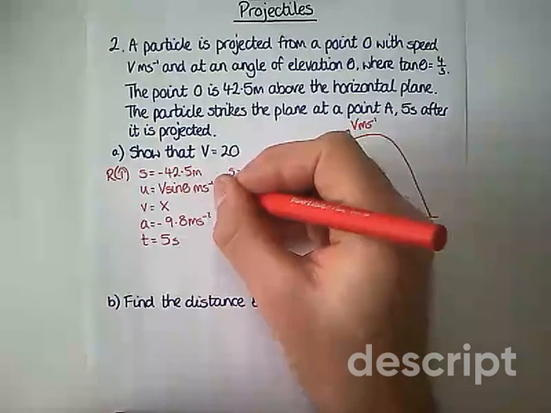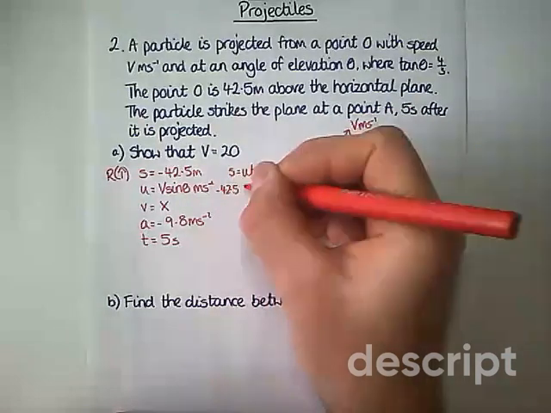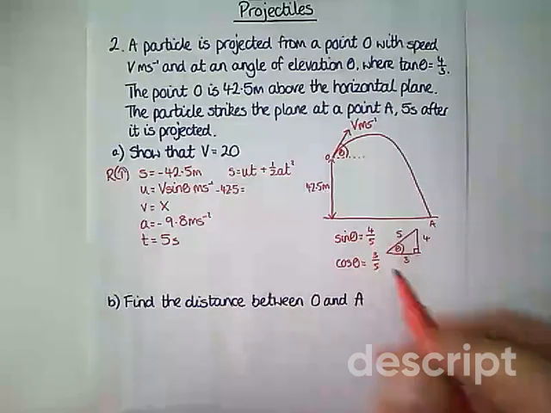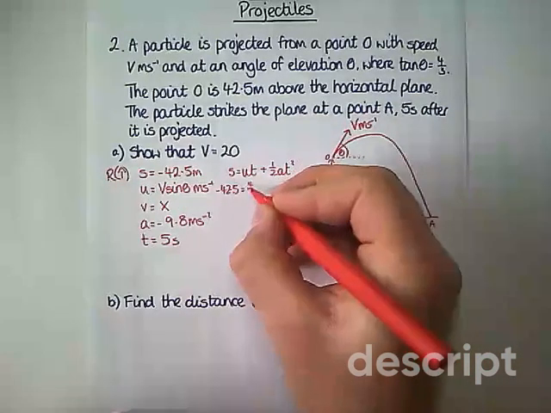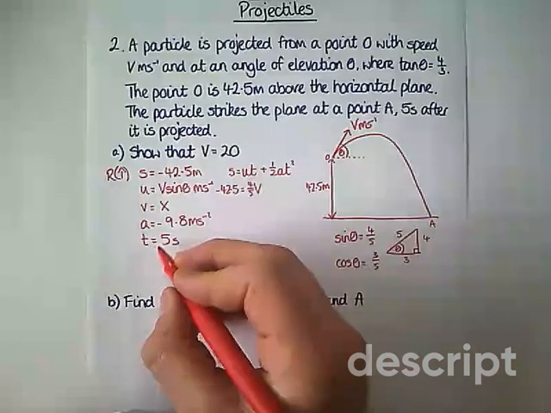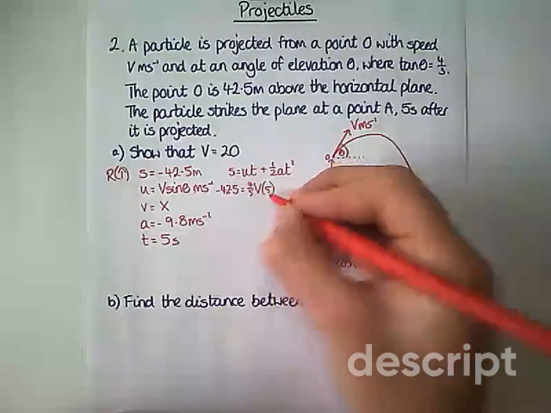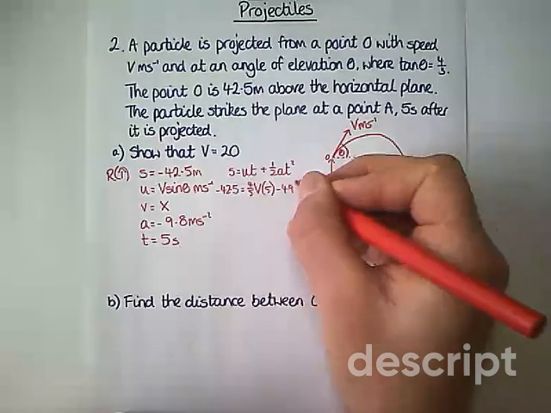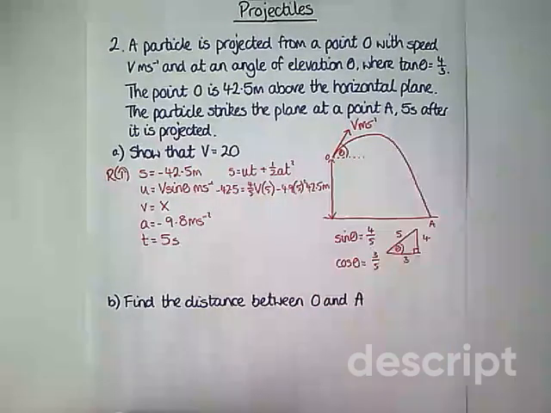So minus 42.5 equals u, well, we know sine theta is 4/5, so we've got 4/5 v times t, so times 5, minus 4.9 times 5 squared.